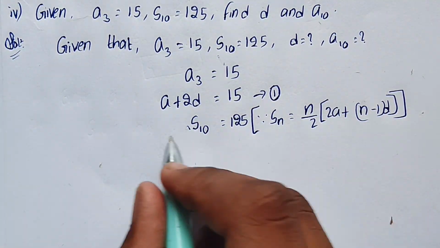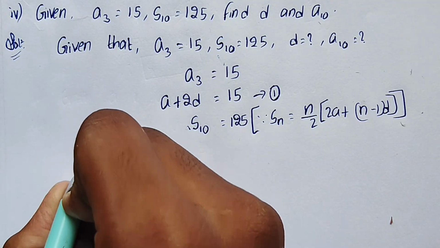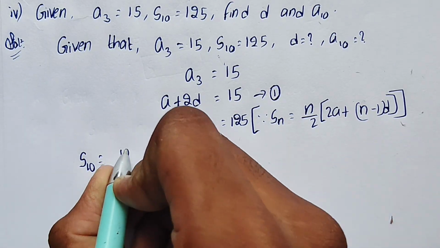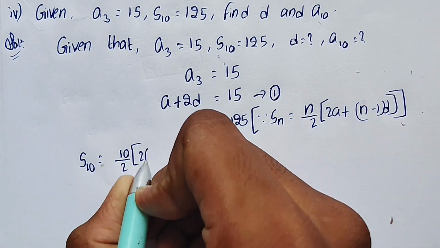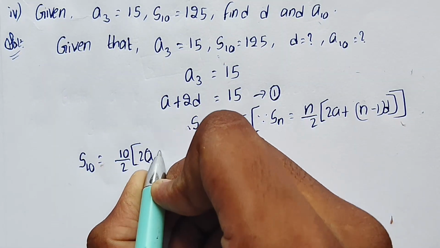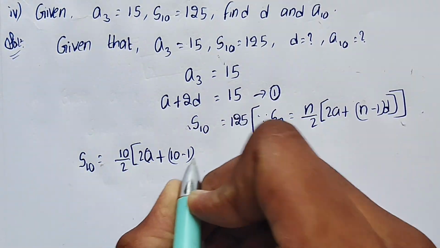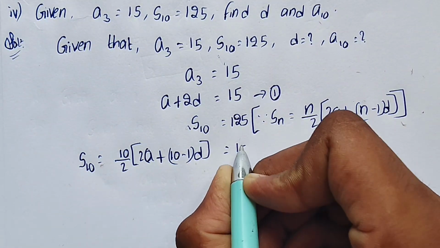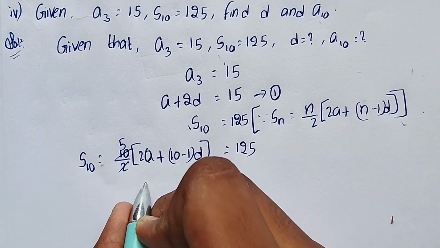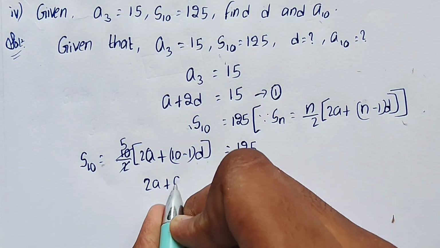S10 equals, the value of n is 10, so 10 by 2 into 2a plus 10 minus 1 into d equals 125. 2 fives are 10, so 2a plus 10 minus 1, which is 9, 9 into d, 9d.